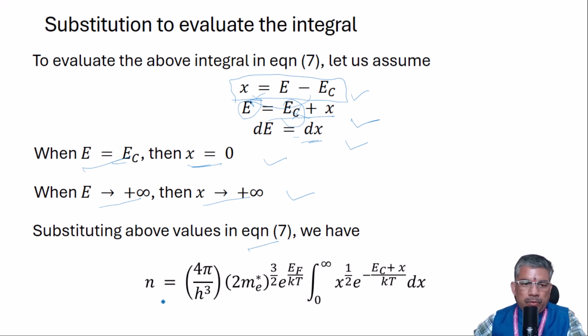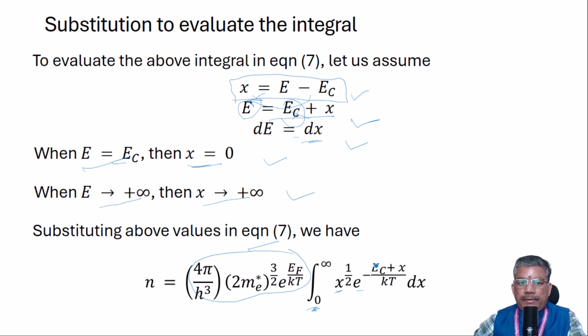Alright. So n equal to 4 pi by h cube into (2m e star) whole power 3 by 2 and exponential of Ef by kBT. There is no change at all. You just keep it here, right? So instead of Ec, you have to substitute the lower limit as 0, and the upper limit is infinity, right? So remaining, you have to substitute the value E minus Ec. Instead of E minus Ec, you have to put x, and we know exponential of minus E by kBT.